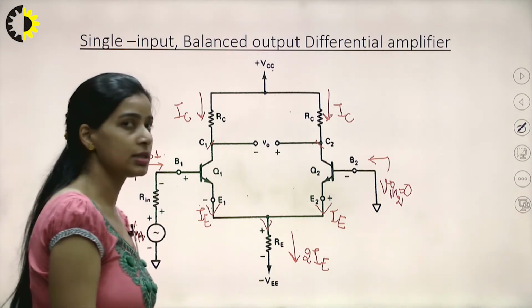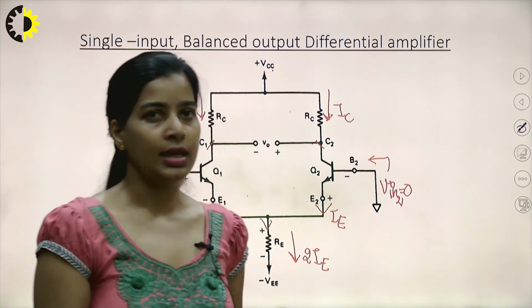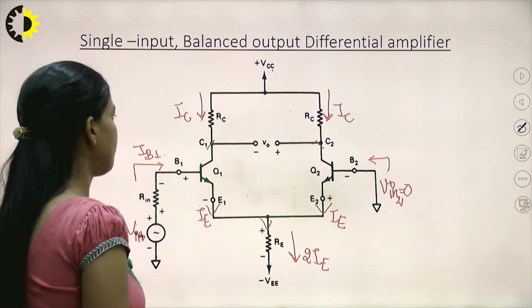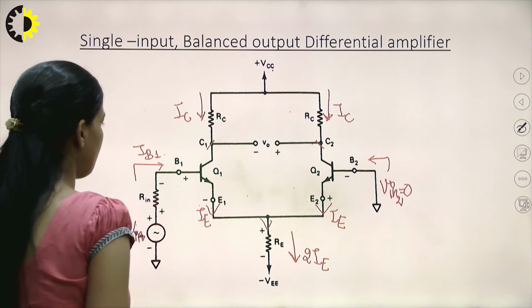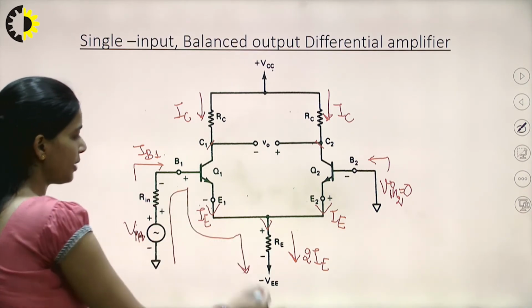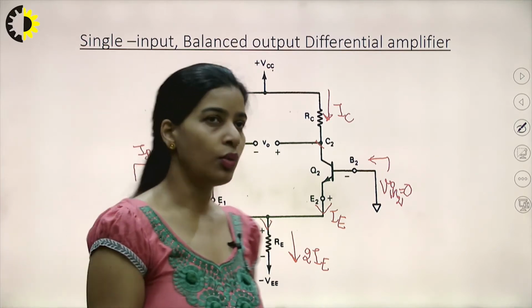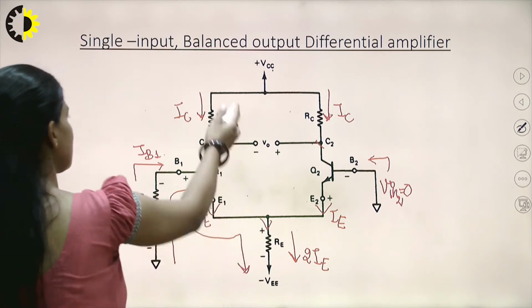Now we will start with its DC analysis and AC analysis. If we see its input loop, that is the same base emitter loop, the DC analysis will be the same, and the output loop is also the same.